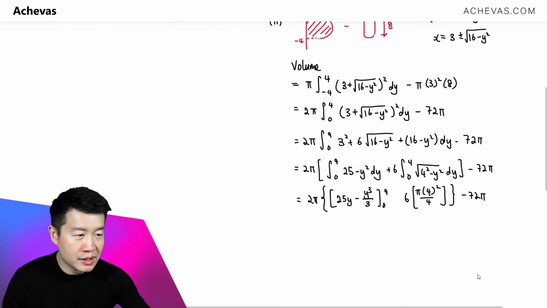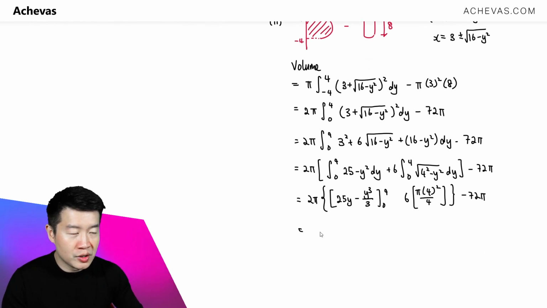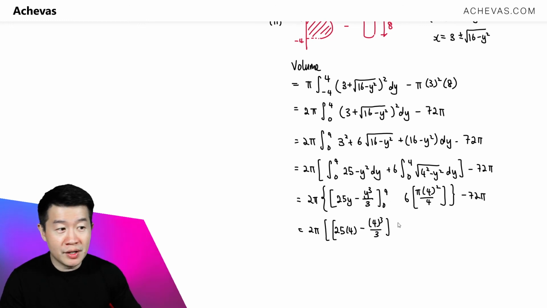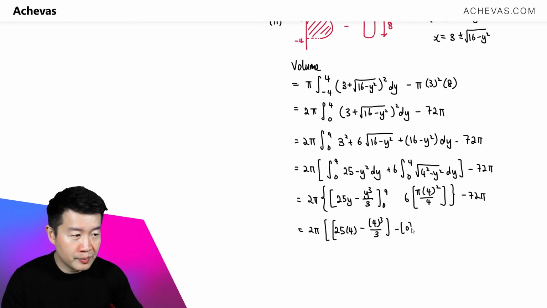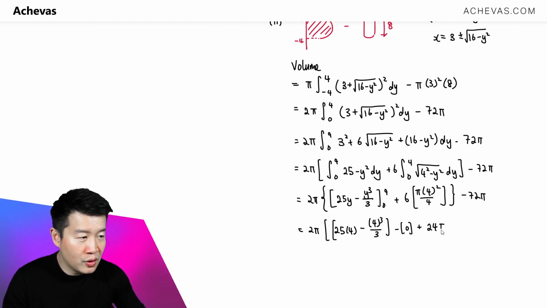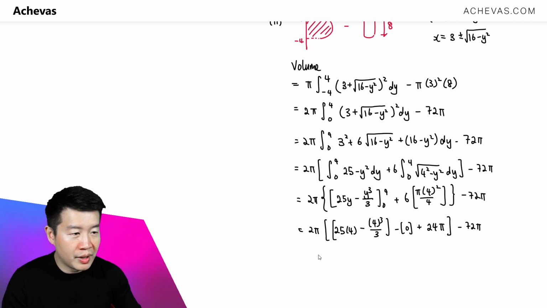Let's try to evaluate this. So it is going to be equal to 2 pi. Substituting 4 in, is going to be 25 multiplied by 4 minus 4 cubed divided by 3. Minus away, substituting 0 in, it is just going to be 0. So this is plus, this times this, we are going to be getting a 24 pi, minus 72 pi.